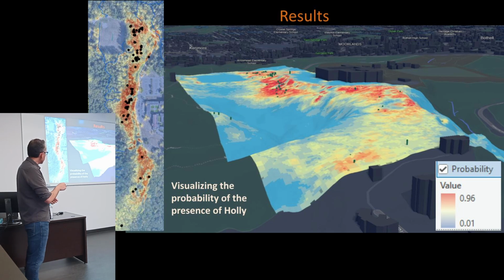So it's interesting to see also that kind of spatial correspondence between what our model predicted and the actual observations that we mapped. So these green cylinders that you see here are the actual trees, and the height of the cylinder is how tall the tree is. Right, so we have a higher concentration of holly here with older trees, and we have some sporadic individuals over here on this side of the park.